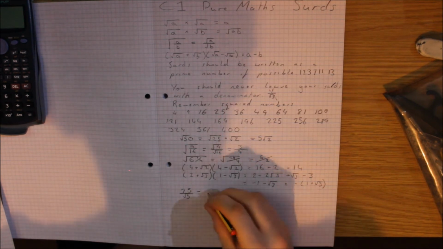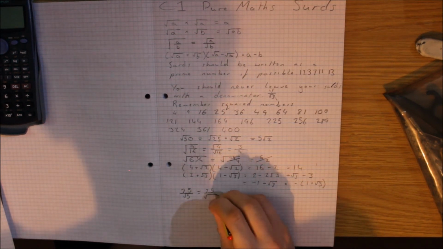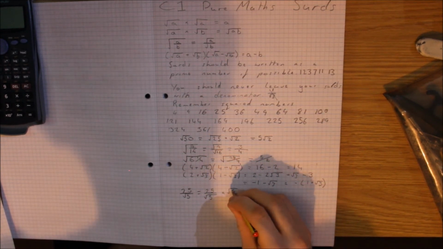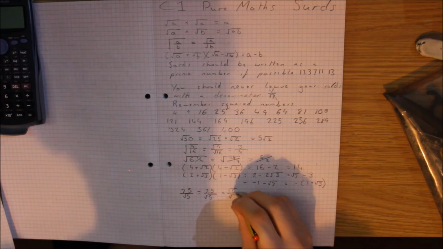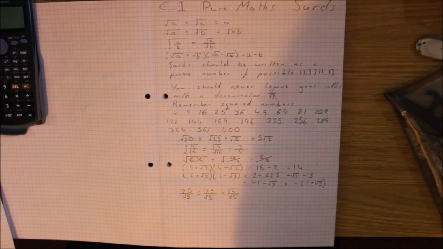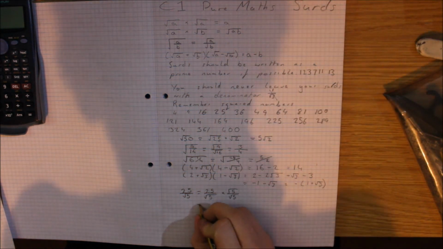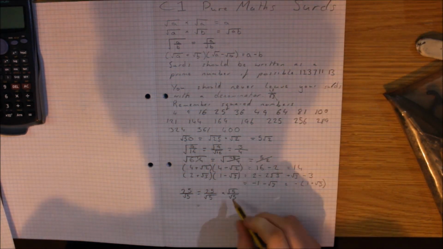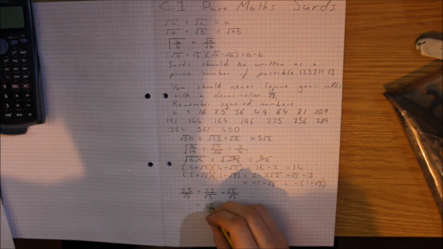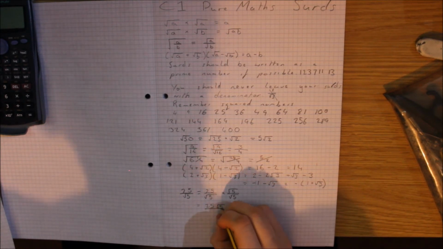We'd rearrange the equation to make 25 over root 5 times root 5 over root 5. Next line down, this will turn into 25 root 5, and this will turn into 5.